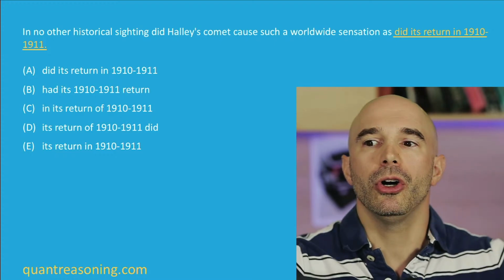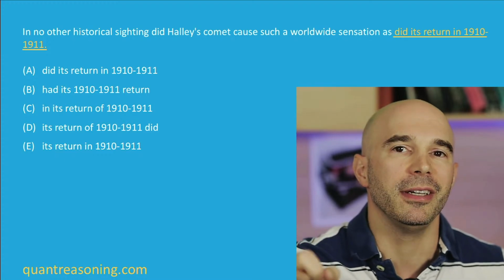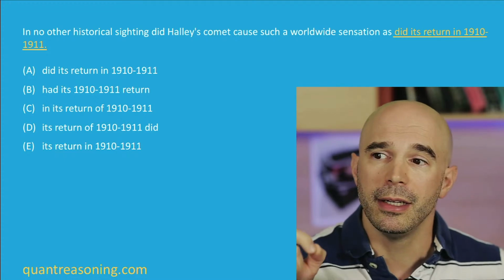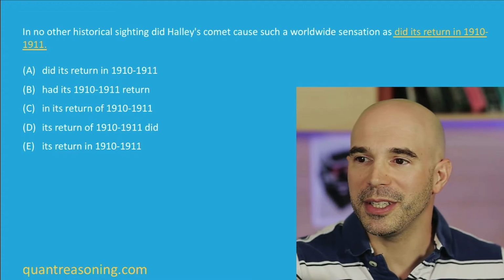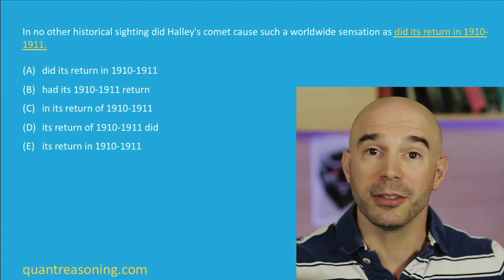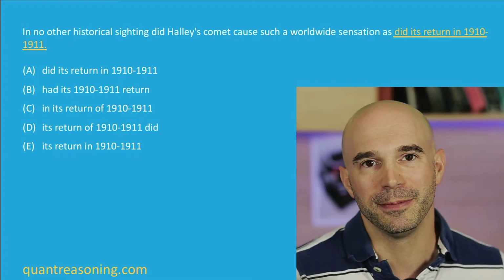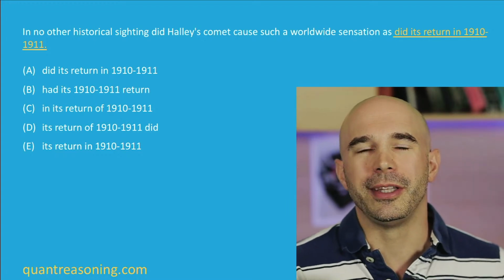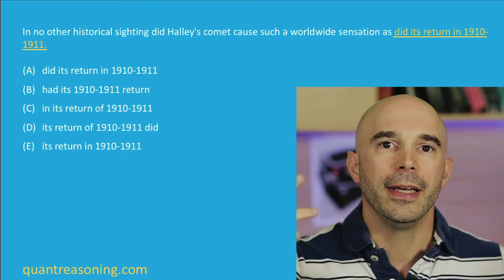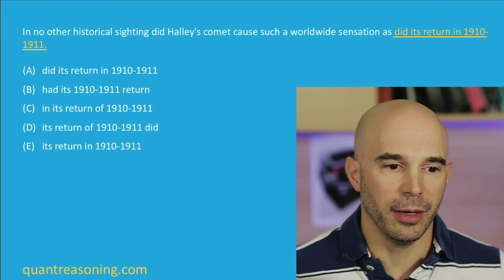But it's saying that in no other historical sighting, so the word other there is really the key to knowing that there have been multiple. There have been multiple of these historical sightings, and in one of them in particular, there was a worldwide sensation, the likes of which we did not see in any other of those historical sightings. So this is comparing the degree of the sensation, the level of sensationalism in different historical sightings of Halley's comet.